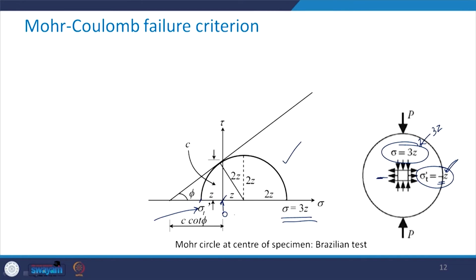From here to here it is 3Z plus this Z, so the diameter of this circle is going to be 4Z. So its radius is going to be 2Z, and that is why we have written that this is 2Z, this is 2Z, and this is also 2Z.